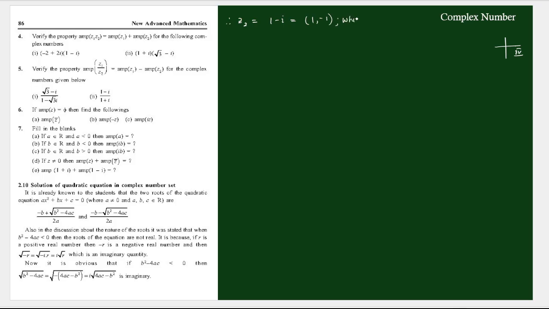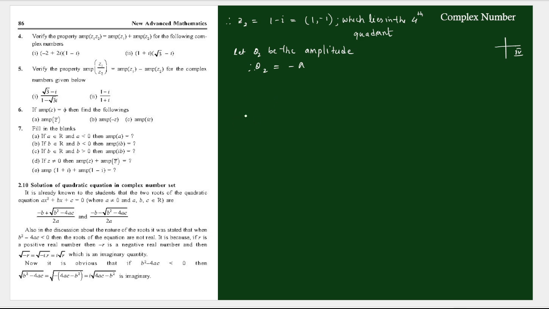So which lies in the fourth quadrant. Let theta 2 be the amplitude, so therefore theta 2 will be minus alpha.